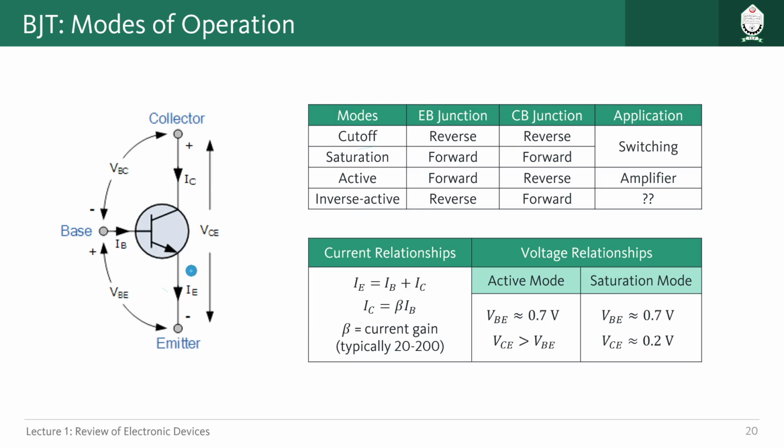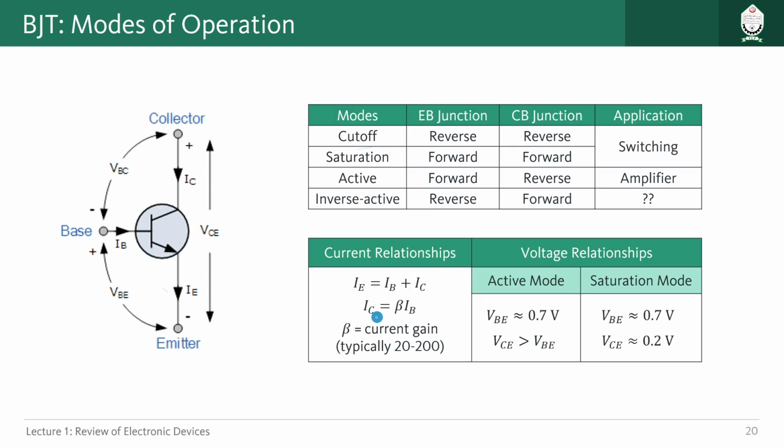And then another mode is in between them, whenever we have a controlled amount of IB flowing through that, making this base to emitter junction forward biased, but the collector is at a higher potential compared to the base, so this junction is reverse biased. At that moment this device goes into a mode called active mode, and we get an amplification of current IB through this path.